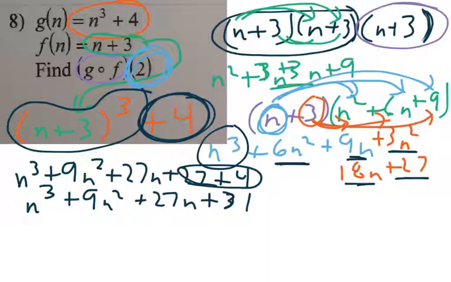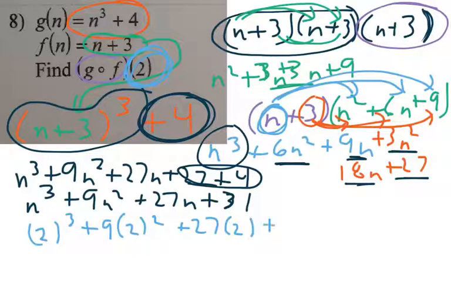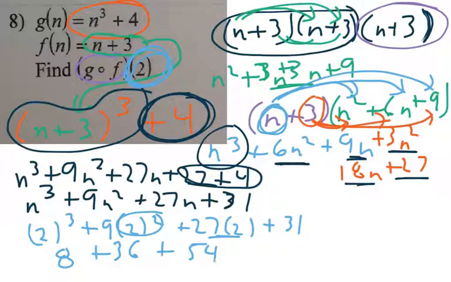Oh man, that means we have to plug 2 in. So I'm going to do 2 cubed plus 9 times 2 squared plus 27 times 2, plus 31. 2 cubed is 8. 2 squared 4 times 9 is 36. 27 times 2 right here is 54 plus 31.